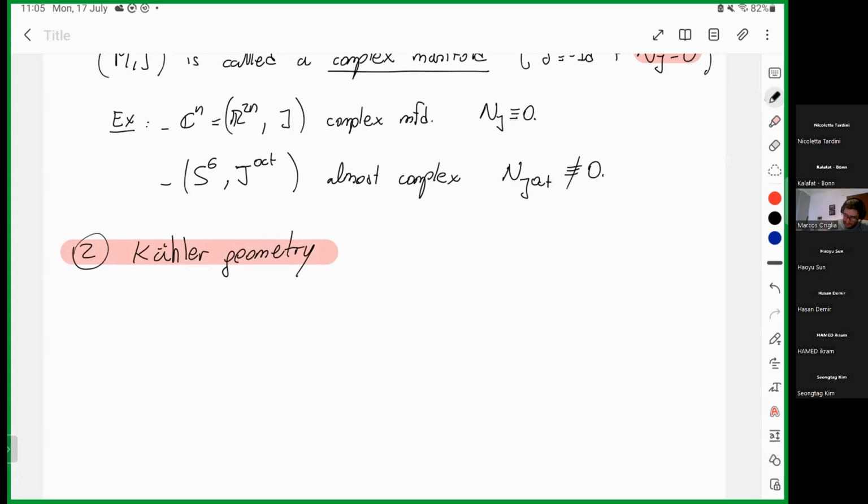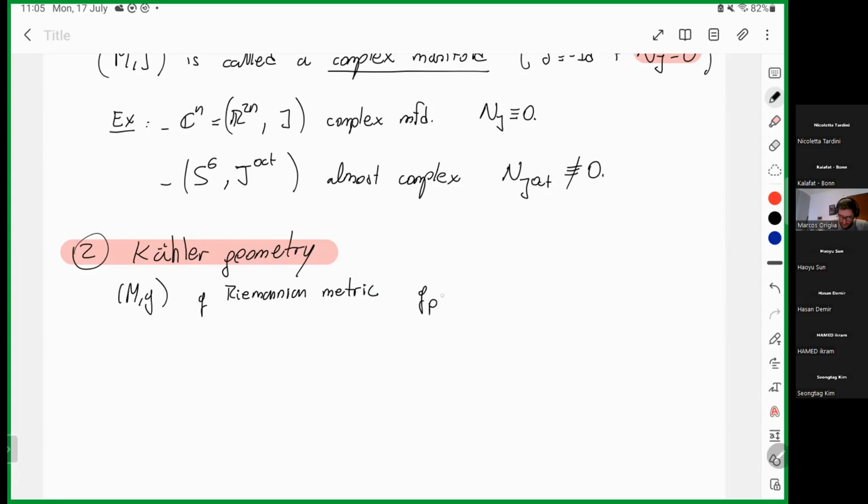So here was the setting. We have (M, g), where M is a smooth manifold and g is a Riemannian metric.